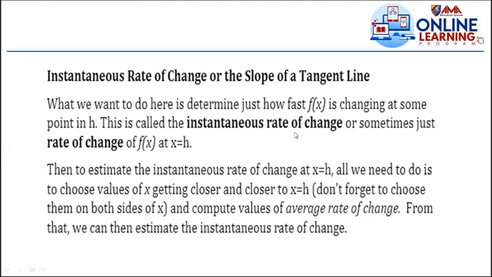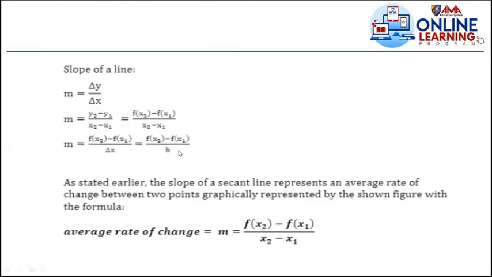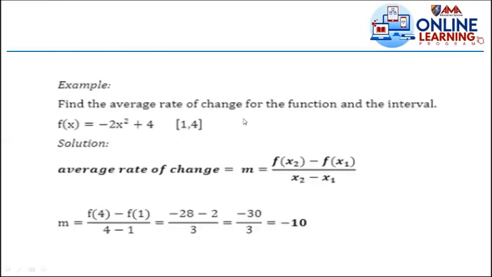This is called the instantaneous rate of change, or sometimes just rate of change, of f of x at x equals a. If we look at our formulas from before, we have two formulas. The first formula is for the secant line, and the second formula is the slope of the tangent line. That is the first difference between them.